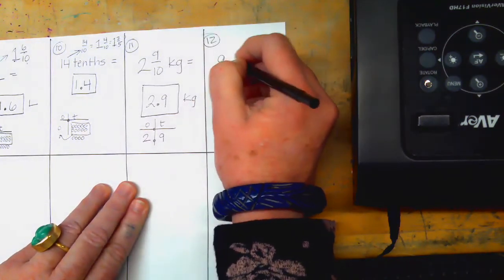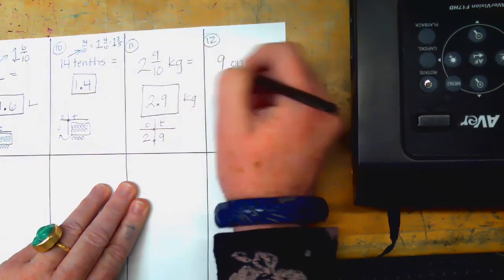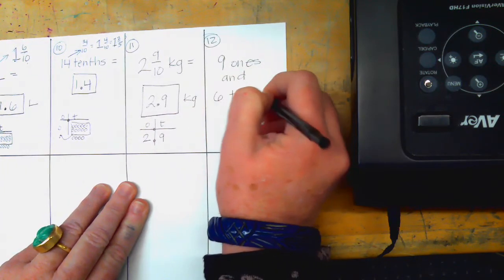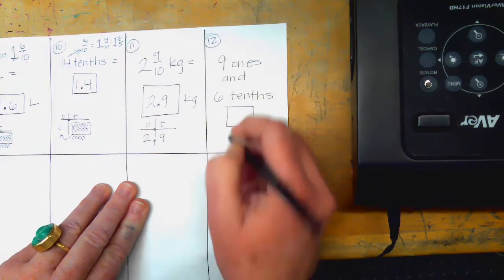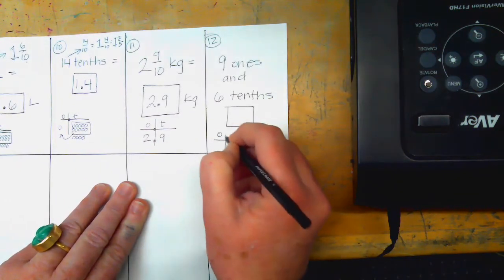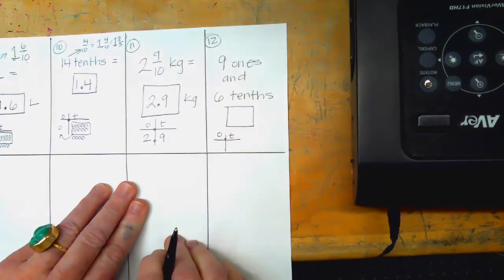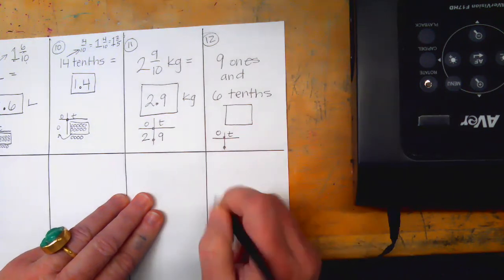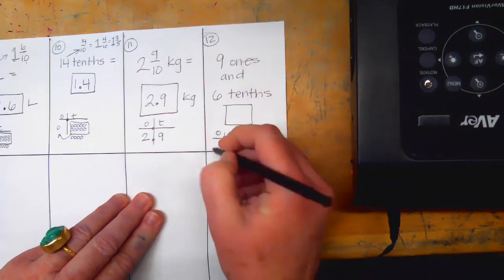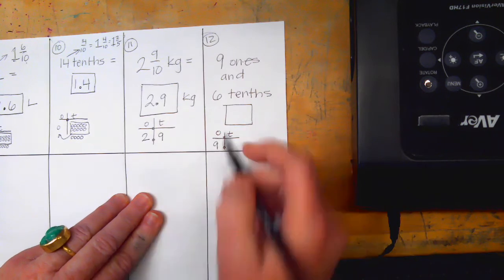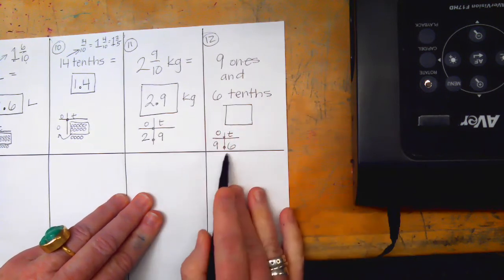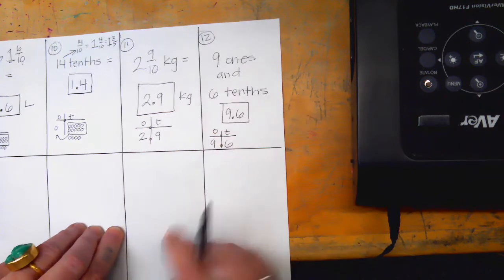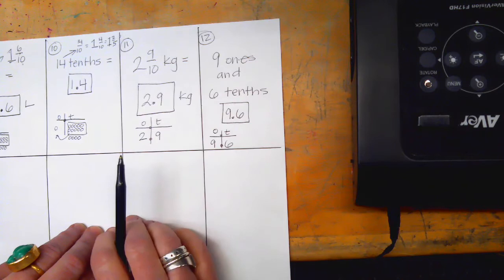They're not trying to trick us. So we have 9 ones and 6 tenths. So again, I just make my little chart. It takes 2 seconds to make a place value chart, so it's really easy. If I have 9 ones, that means I'm going to have 9 over here. And then if I have 6 tenths, I have 6 in the tenths place. And that's going to equal 9 and 6 tenths. Sounds exactly like this. 9 and 6 tenths.